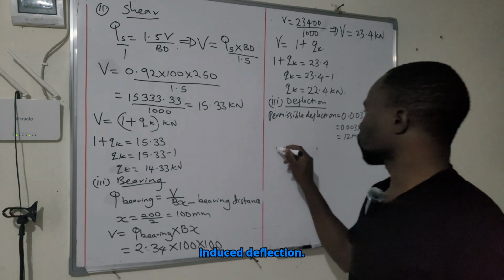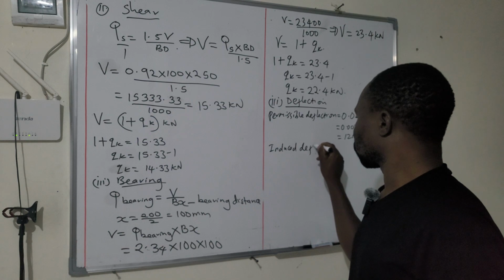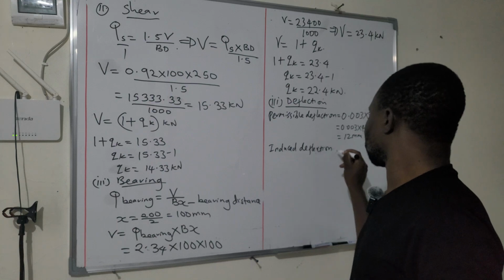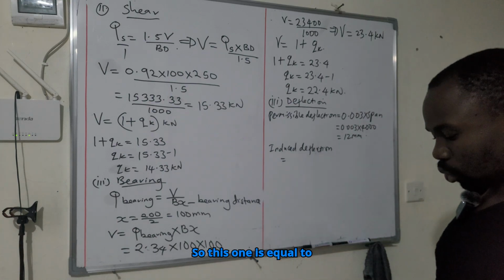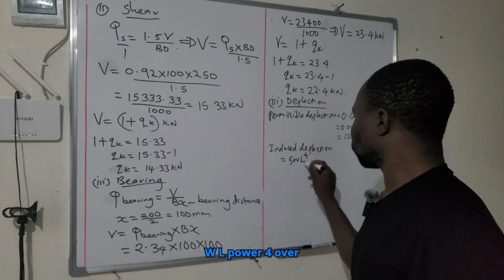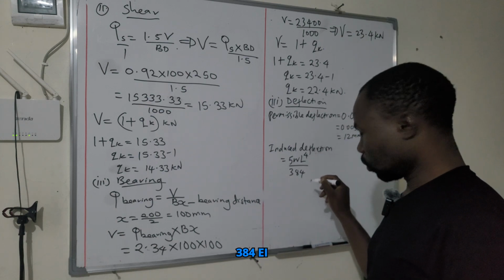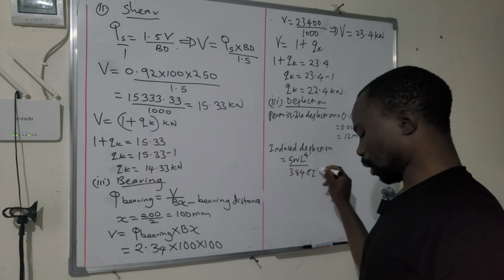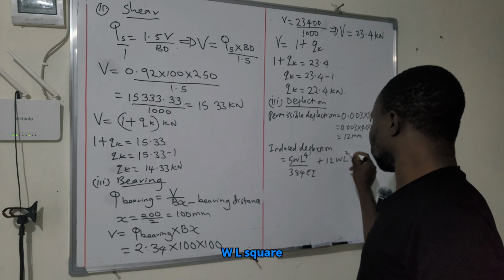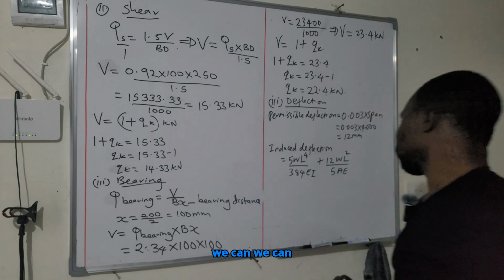We proceed to induced deflection. So this one is equal to 5WL power 4 over 384 EI plus 12WL square over 5 AE.